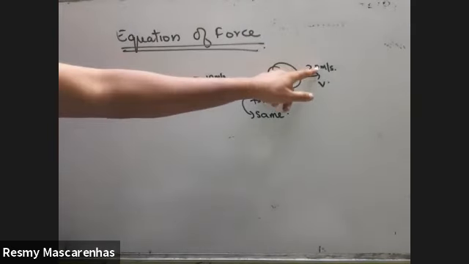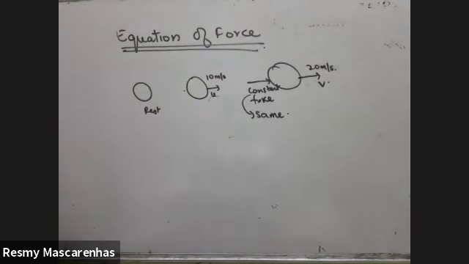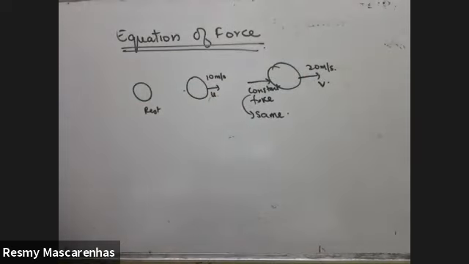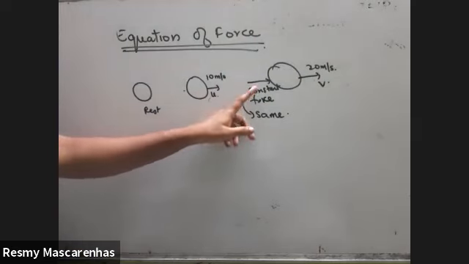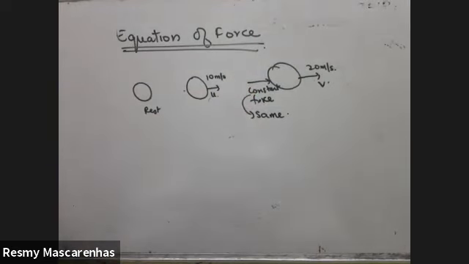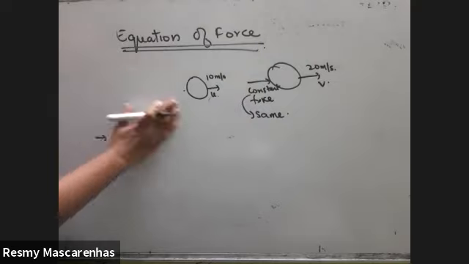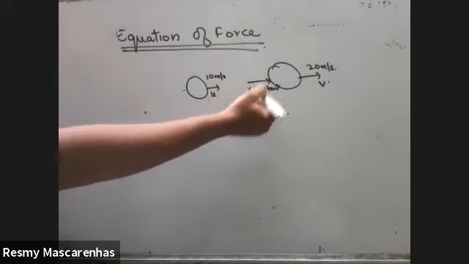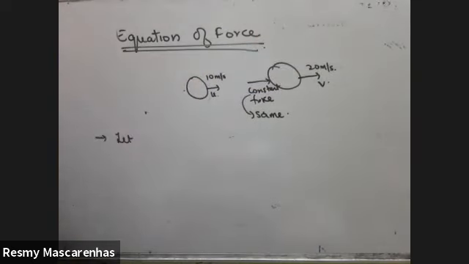That means this will never change. So this will always continue to remain as 20 meters per second until and unless I'm changing the force. So the equation we have to start with: let us consider it was initially moving at 10 meter per second. Then we apply some force and it will change to some other velocity.